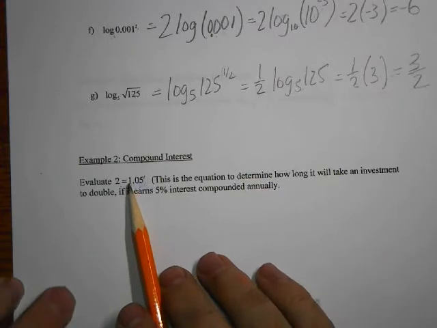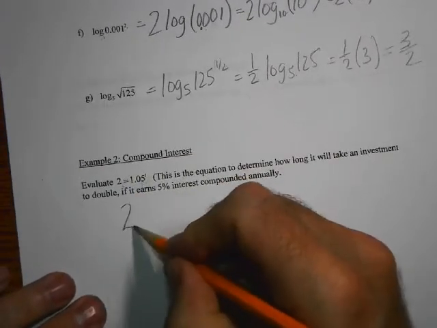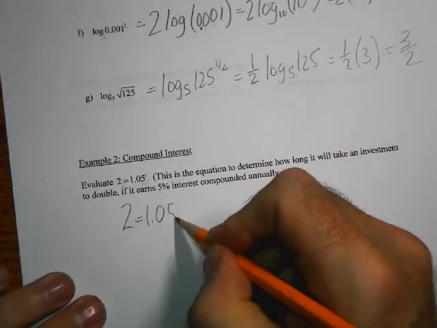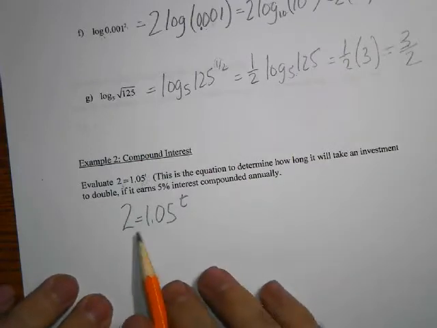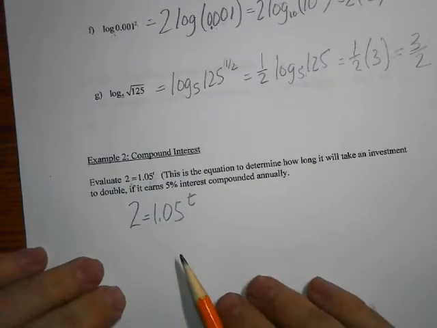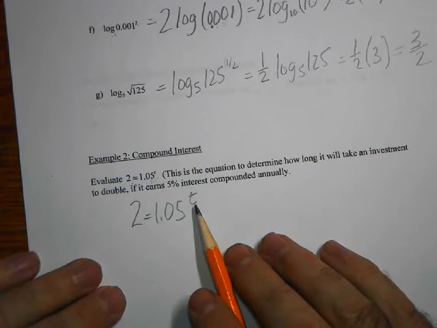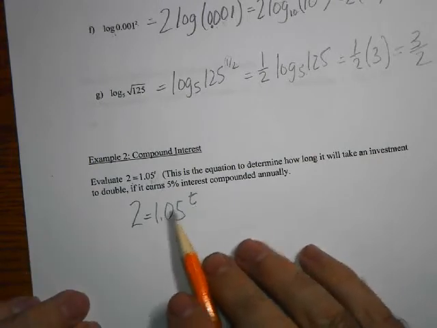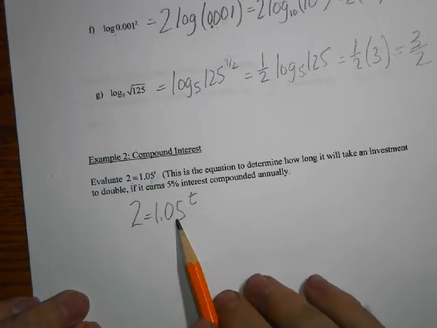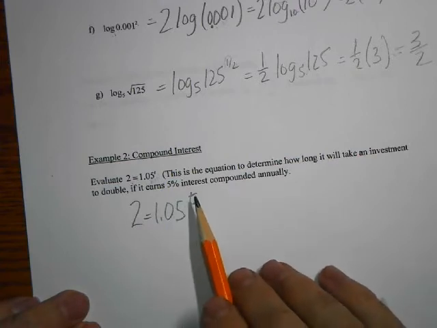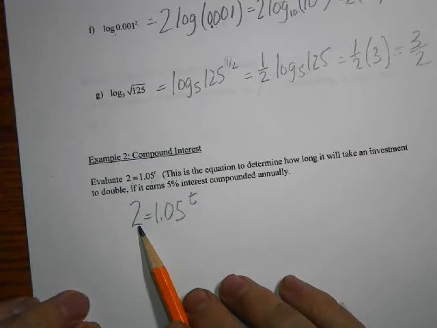Okay, so I'll just rewrite the equation here. This is written in exponential form. If I want to solve this, I'm solving for the exponent, which means I want to find the logarithm. So I'm going to rewrite this as a logarithm. Remember, this is the base, this is the log, and this is the result.